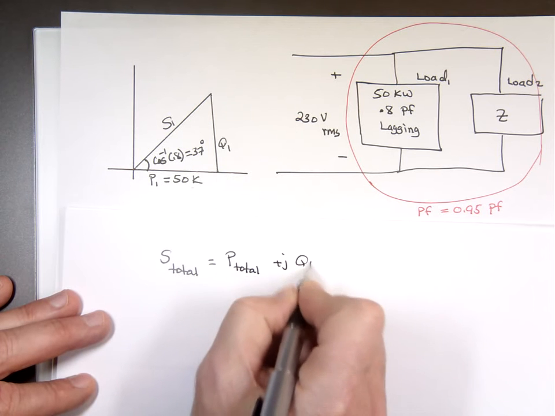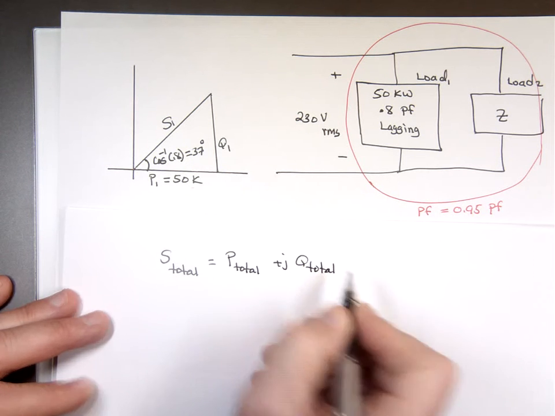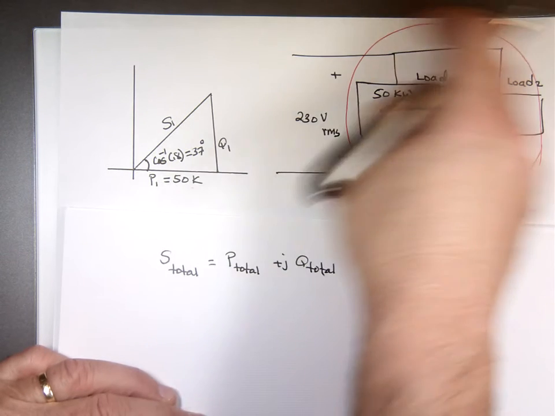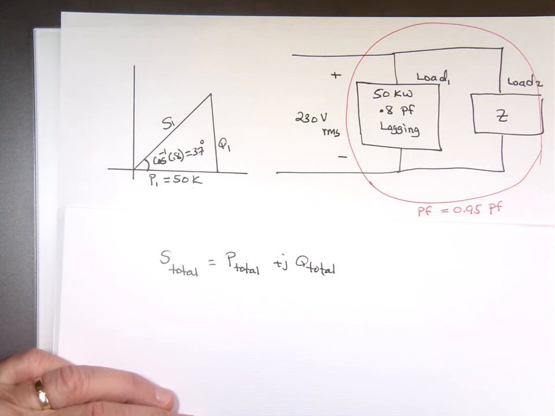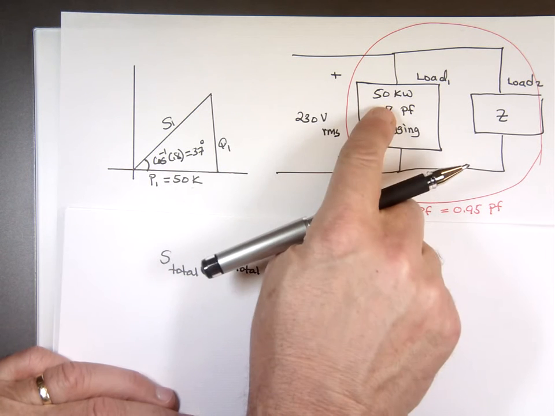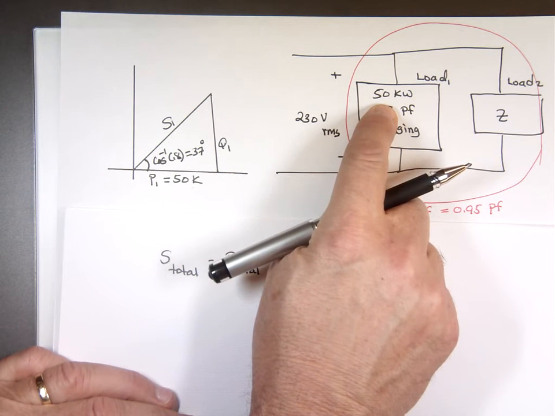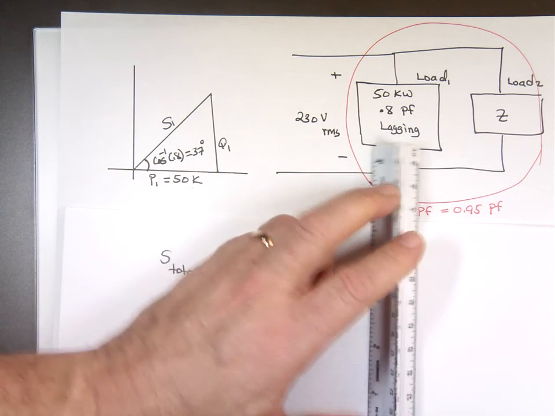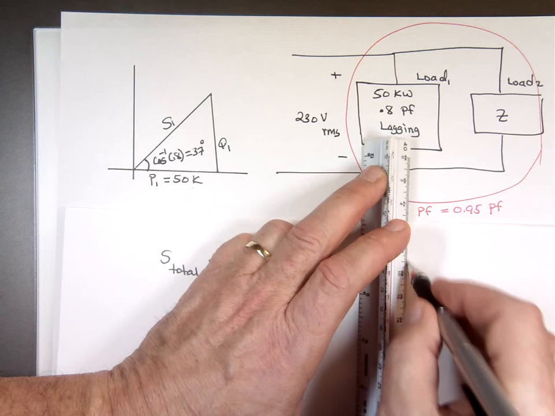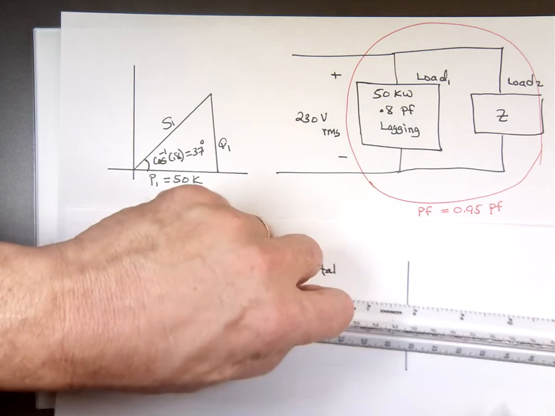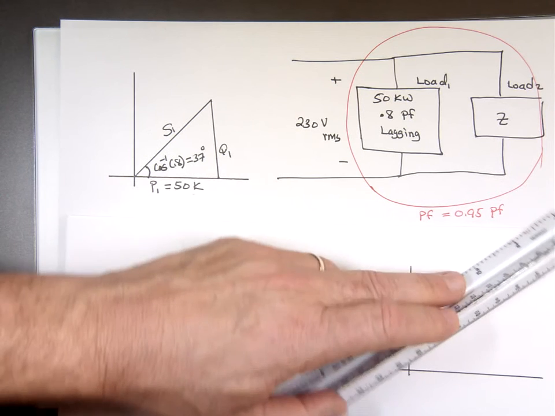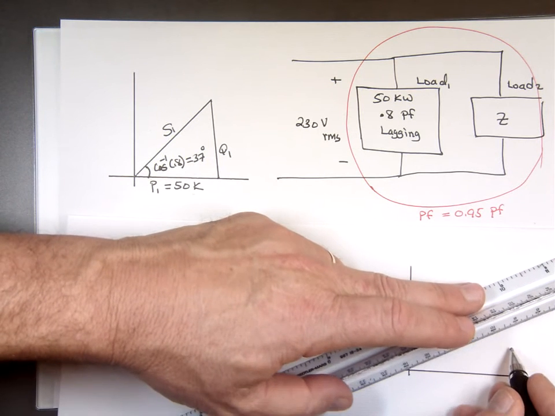Well, what we need to do is raise the power factor. I'm not changing the 50 kilowatts, because that means I have to pay for more electricity if I raise that one. I don't want to. So I want my problem to look like this now.